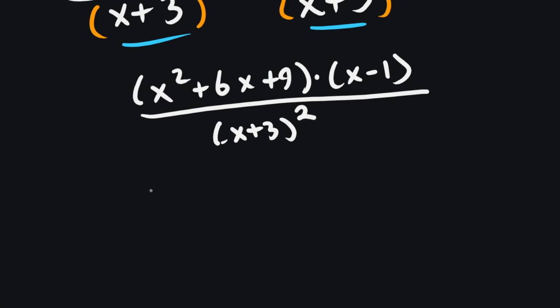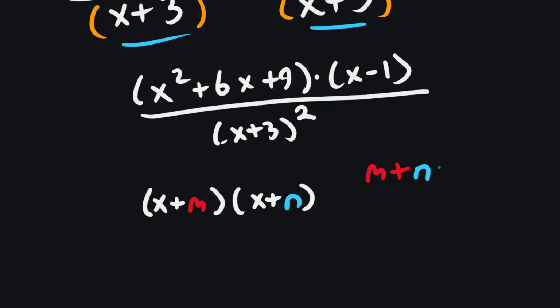Since the leading term is 1, we can factor it by finding m and n, so x plus m times x plus n, where m plus n equals the b value, 6, and m times n equals the c value, which is 9. So what two numbers multiply to 9 and add to 6?